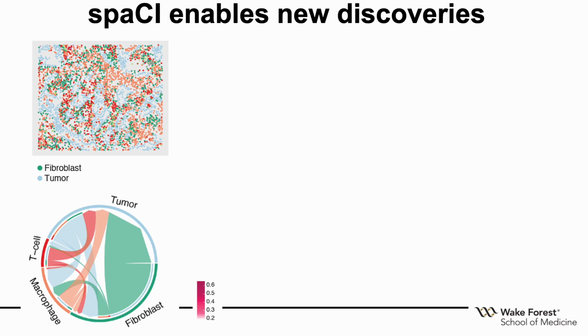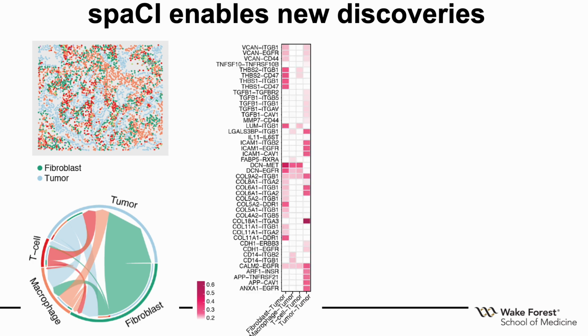Specifically, the fibroblast expressed DCN and showed strong interactions with tumor cell expressed MET. Other ligand receptor pairs, including THBS1-ITGB1 and collagen 18A1-ITGA3, also contributed to the communications between fibroblasts and tumor cells.